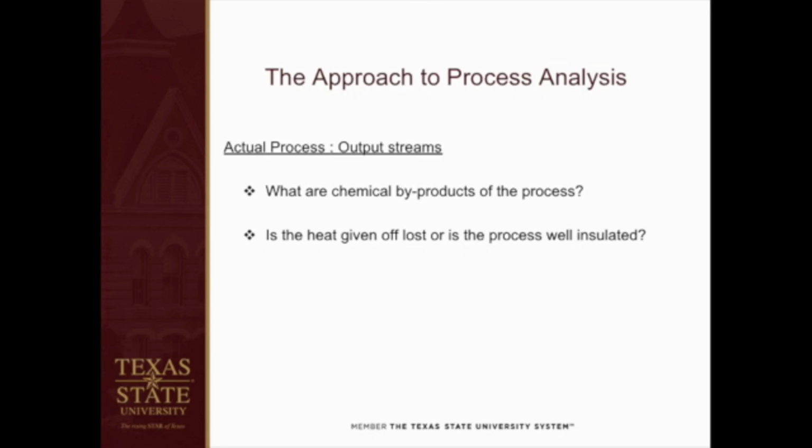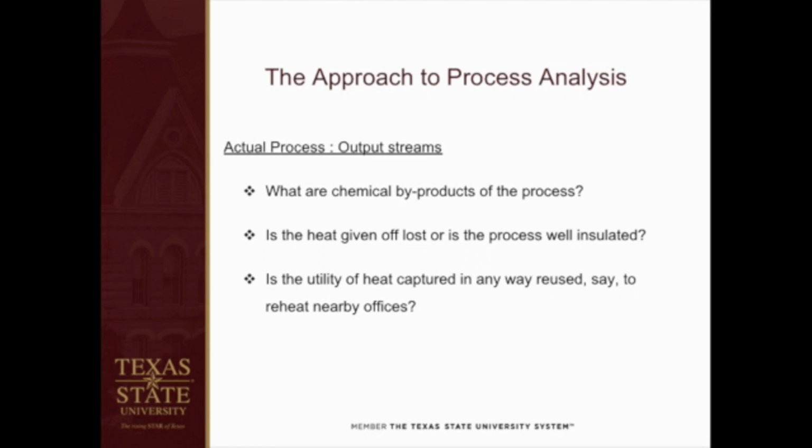If you have heat used in a process, is the heat lost because you have poor insulation, or do you have good insulation that traps the heat? Is the outgoing hot water or steam, after it's spent in a steam turbine, just released, or are we using it to reheat fresh water coming in, or reheating nearby offices?